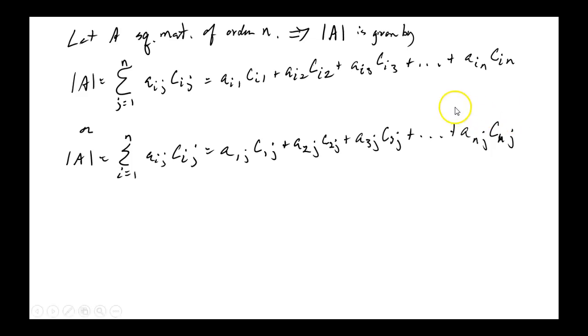So let's do example 4. Just because it may take a while, I'll erase this. Anyone need this any longer? Okay. Here's a new matrix A. Uh-oh, SpaghettiOs.